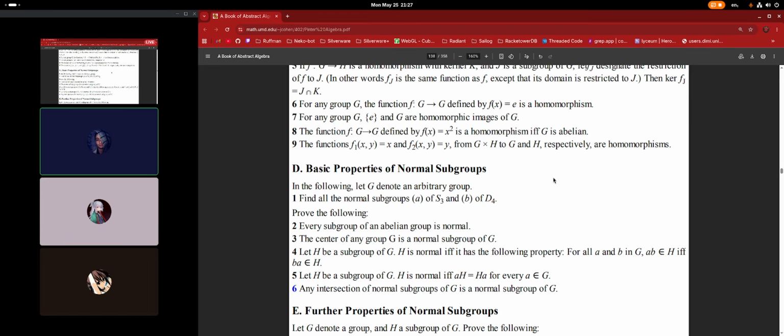Wait, repeat the secret sauce of four, please. Okay, we consider that AB is in H. If H is normal, then every conjugate of AB will still be in H, right? Yes.